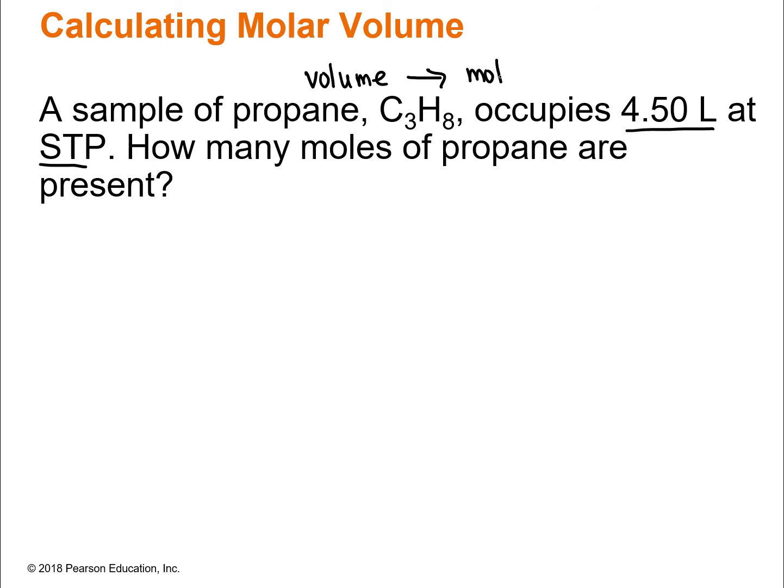You could also do the reverse. For this problem type, you're always going to use molar volume, which I abbreviate MV. One mole of gas is equal to 22.4 liters.